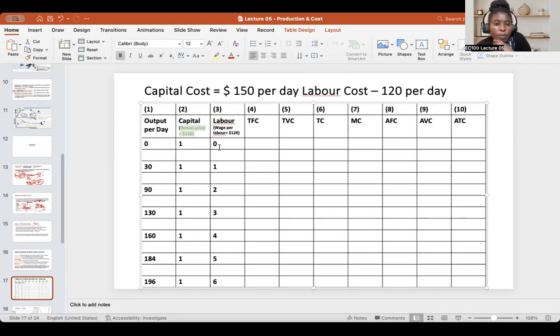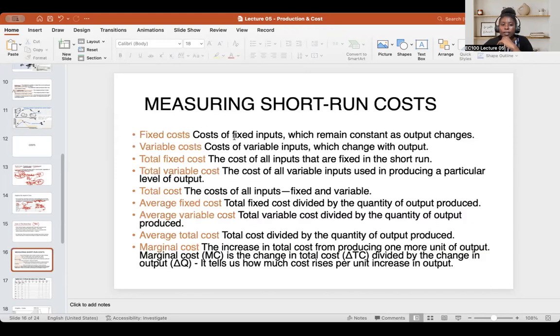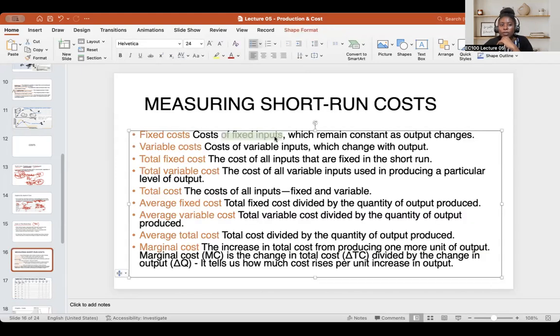So at first, there is no output because there's no labor. What is going to be the total fixed cost? Remember, total fixed cost is the total cost of fixed inputs.